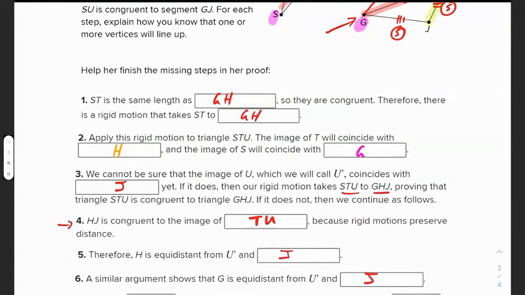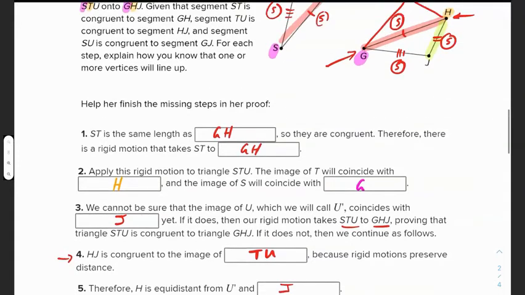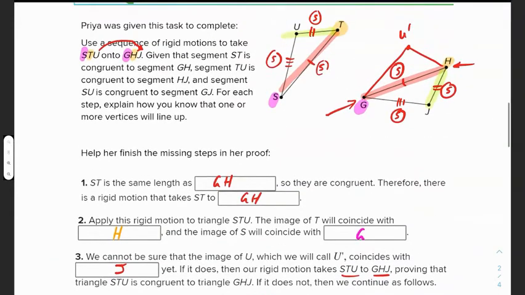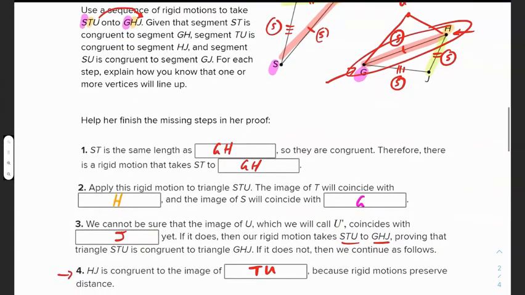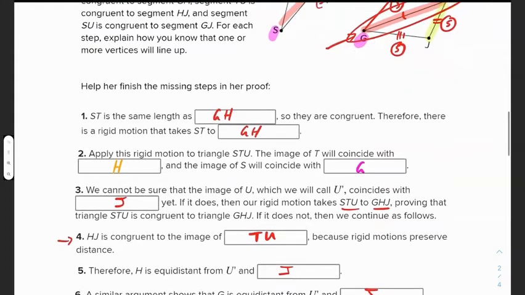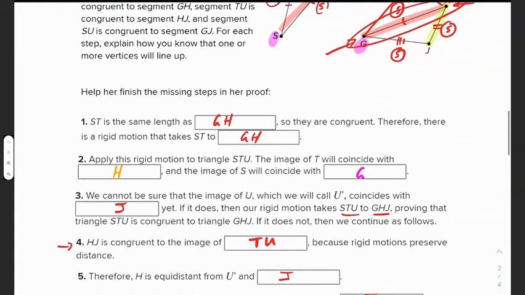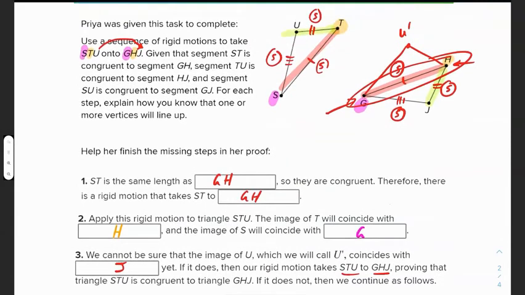All right, GH. So this is 7. GH is the blank of segment connecting U prime and J. So GH is right here, right? And the segment connecting U prime and J. So they're saying there's a segment here.